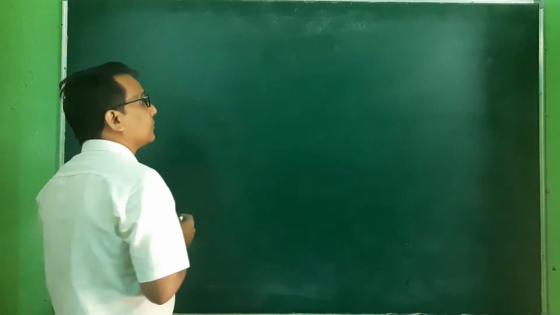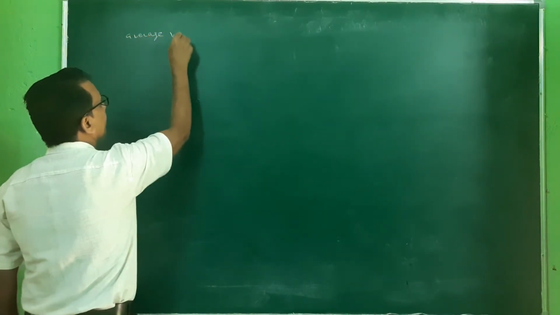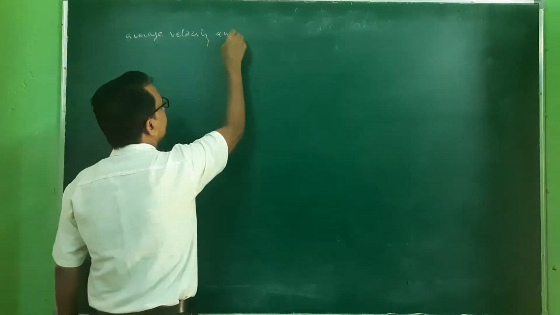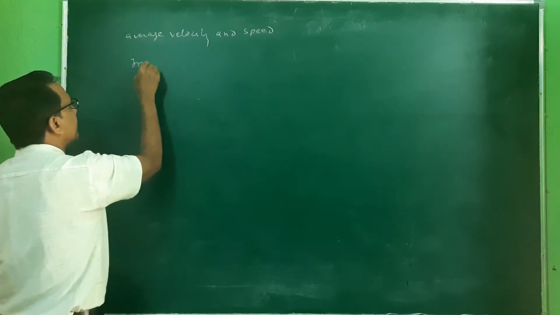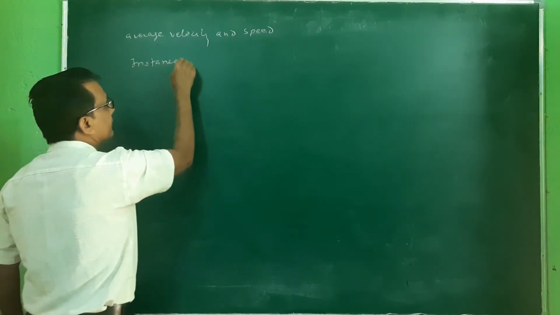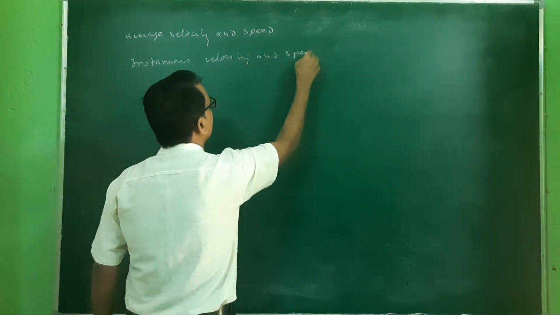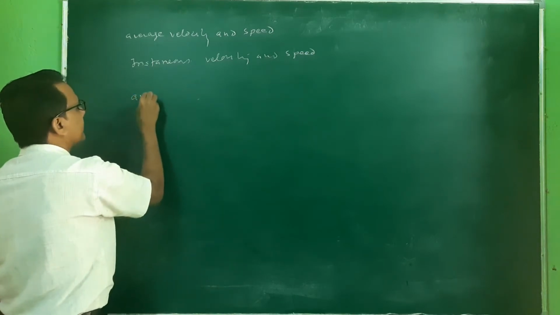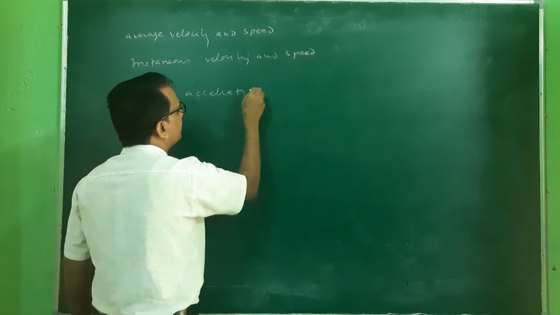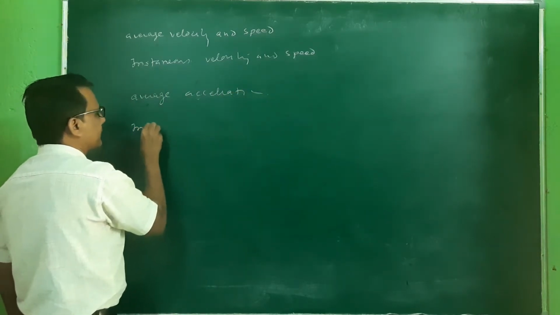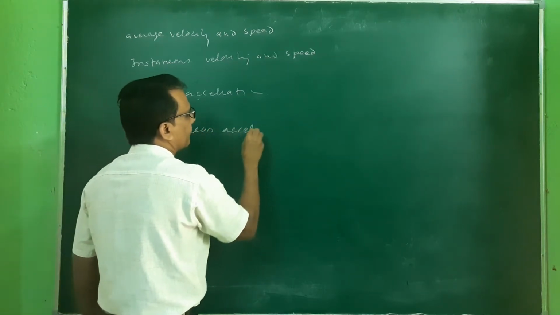Those terms are average velocity and speed, instantaneous velocity and speed, and then average acceleration and instantaneous acceleration.